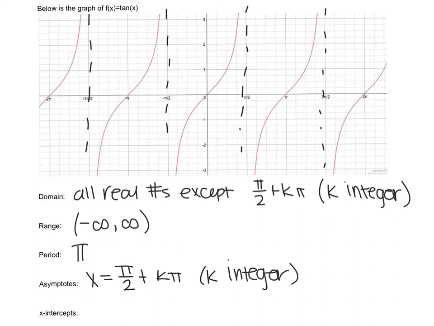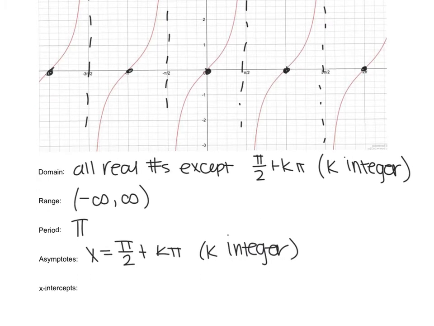And lastly, our x-intercepts. Looking at our graph, our x-intercepts are at 0, pi, and 2 pi, and we can go to -pi and -2 pi. So our x-intercepts occur at every multiple of pi. We can write those as x equals k pi, where again, k is an integer.